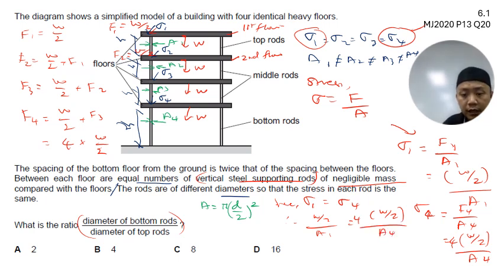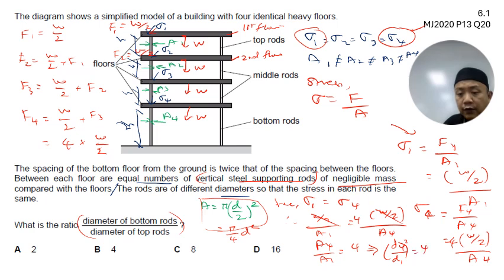So A4 divided by A1 is equivalent to just 4, because the W over 2 cancels out. Now, area is given as pi over 4 d squared, so when you have A4 over A1, the pi over 4 term cancels out and you are left with d squared. Therefore, d4 squared over d1 squared is equivalent to 4.